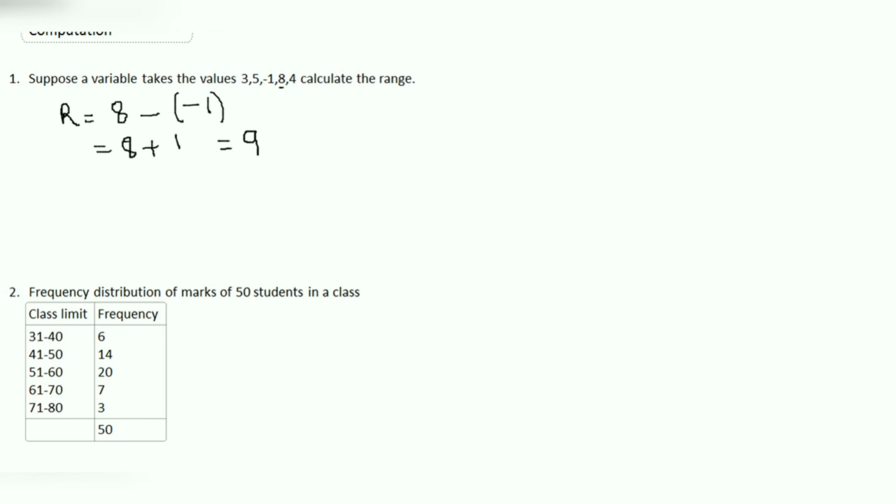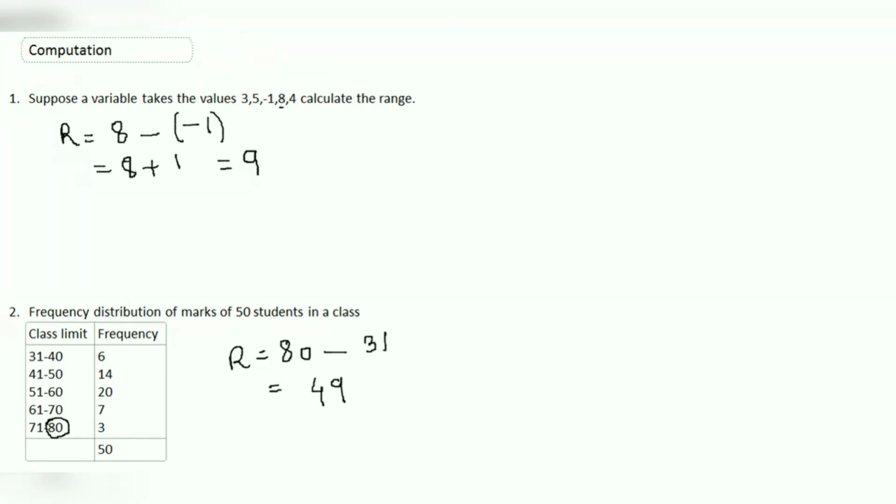We already discussed that the range for grouped frequency type data is the difference between the uppermost class boundary, that means 80, minus the lowermost class boundary, that means 31. So the range for this grouped frequency data is 49. By range we can see the spread of values in a data set.